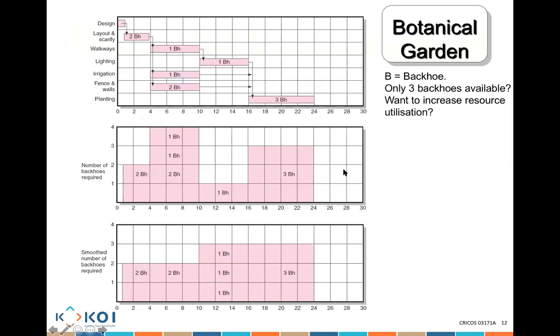Now, you're going to say, well, what's the advantage of pushing the items forward? If we push this item and the item is now between weeks 10 and week 16, do I have any slack left? If this activity has been pushed from 4 to 10 to 10 to 16, do I have any slack left? What do you think?